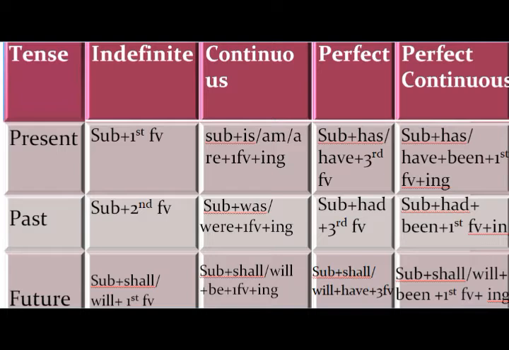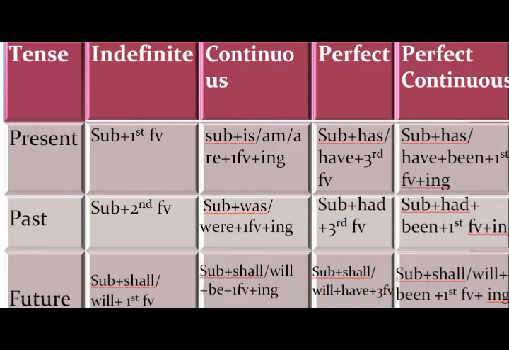So if you talk about present indefinite tense, it's subject plus first form of verb. While if we see the past tense, then it is subject plus second form of verb. And in future, it's subject plus shall or will plus first form of verb.